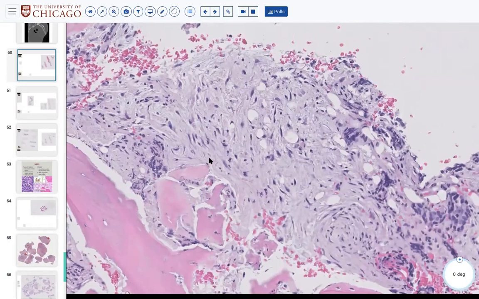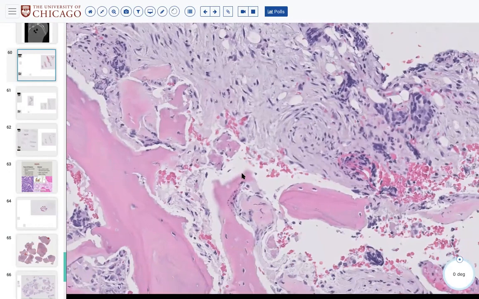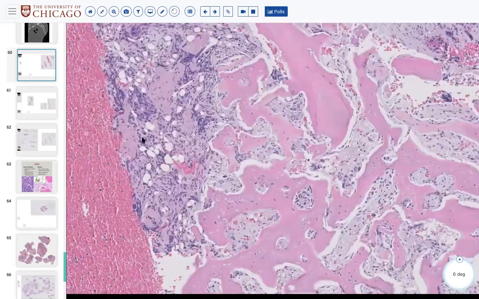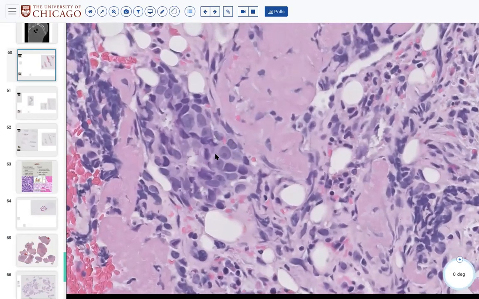So if you don't see marrow fat, if you don't see hematopoietic marrow elements, if you see this nondescript fibrous stroma with crushed cells, chances are you may have actually gotten the lesion. In this case, the lesion is apparent.